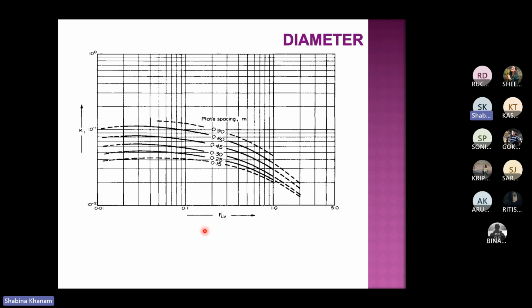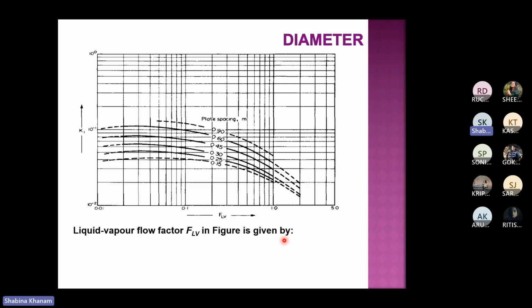It will depend on this FLV, and this FLV is basically the liquid-vapor flow factor. How can we find it? We can find it by this expression, that is FLV equals LW by VW, times root over rho V by rho L.